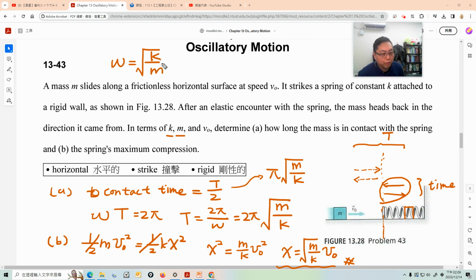Be careful. Omega T equals 2 pi and T equals 2 pi over omega. Don't mess this up. It's very easy to memorize the wrong equation, but maybe also very easy to take a wrong note.